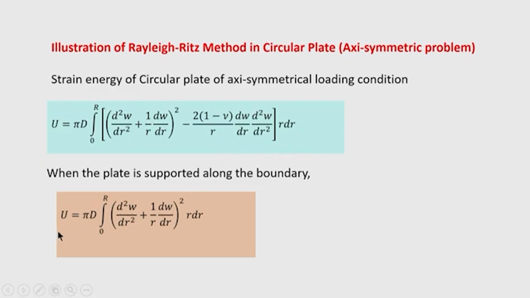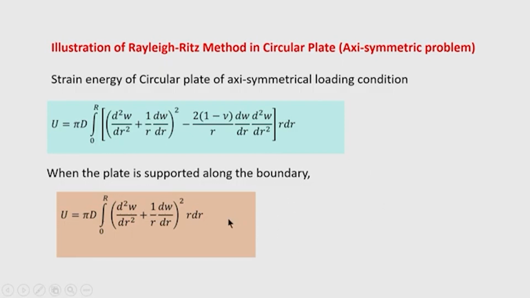So, in that case we get U is equal to pi D integration 0 to R of d square w by d r square plus 1 by r dw by dr, whole square, r dr. So, if I want to solve a problem using the Rayleigh-Ritz method for a plate of circular shape, then we can take this function if the boundary of the plate is supported. Supported means here it may be fixed along the boundary or it may be simply supported.